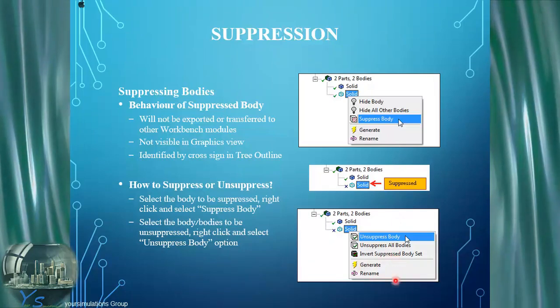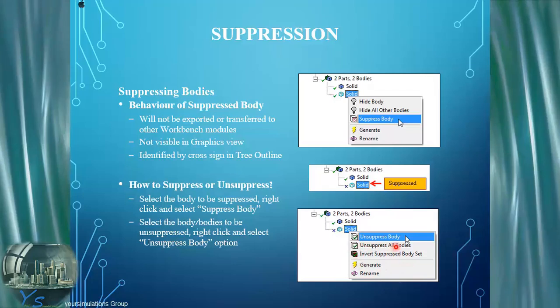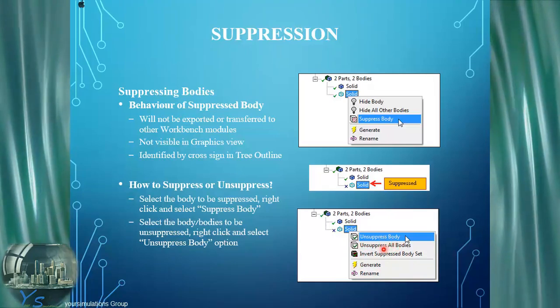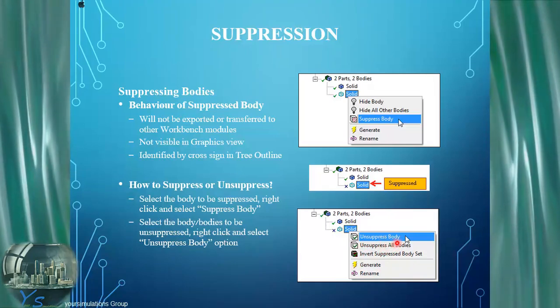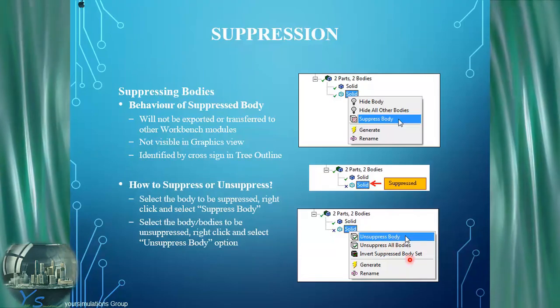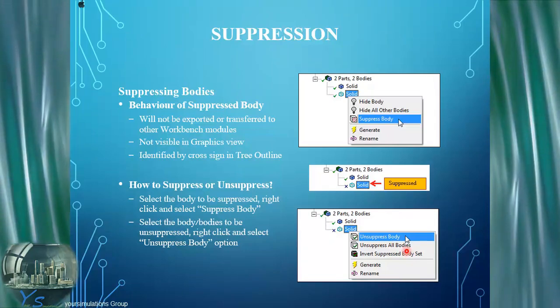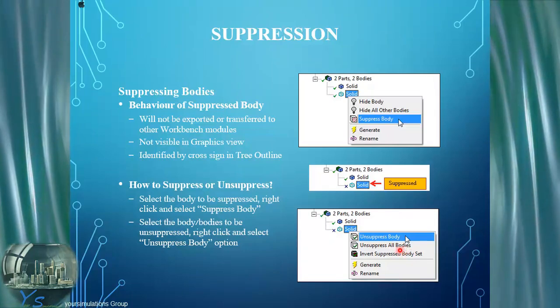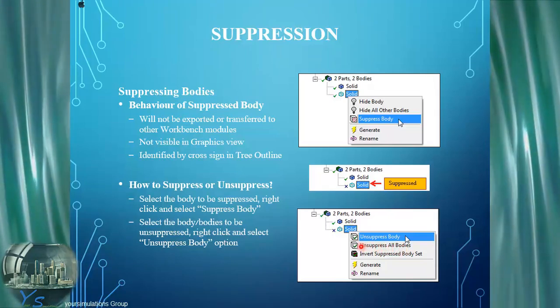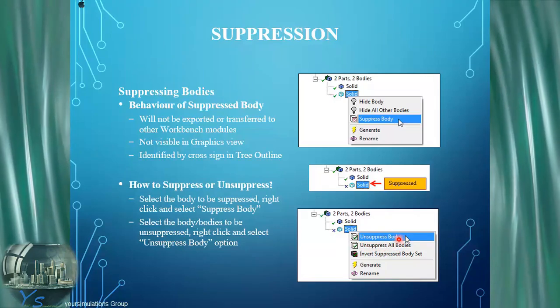We can see some other options as well for suppression and management. Not only can we suppress and unsuppress a particular chosen body, we can also unsuppress all bodies. If we've chosen a particular body or many bodies and we want to unsuppress them and bring them back, we can simply go for this option, Unsuppress All Bodies, and this will bring all of the suppressed bodies back.